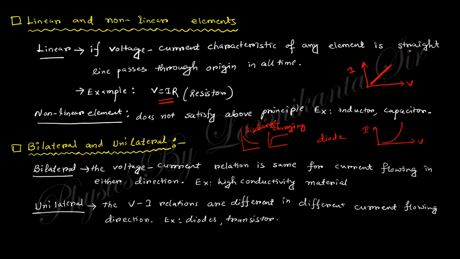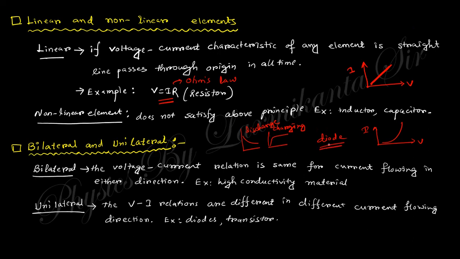If throughout the region it obeys this relation, that is Ohm's law. If it satisfies Ohm's law over a wide range, this is called a linear element, like a resistor. Otherwise, it is called non-linear, like inductor, capacitor, diode, etc.